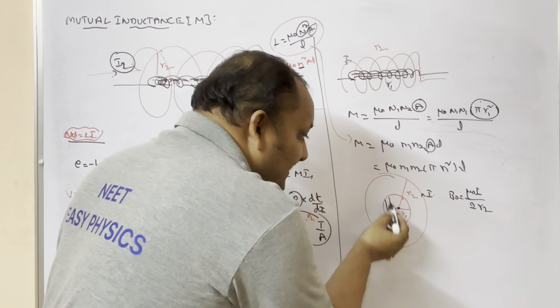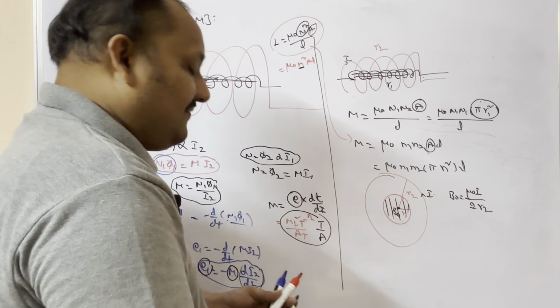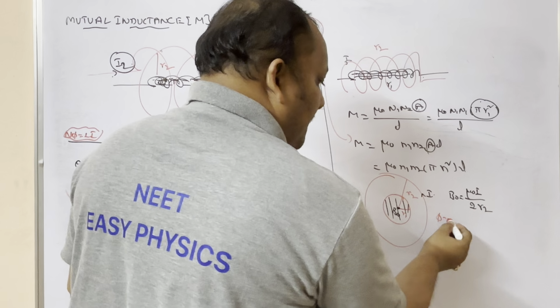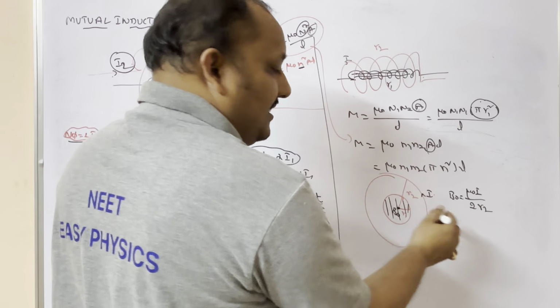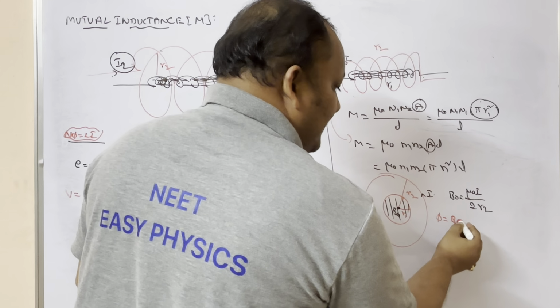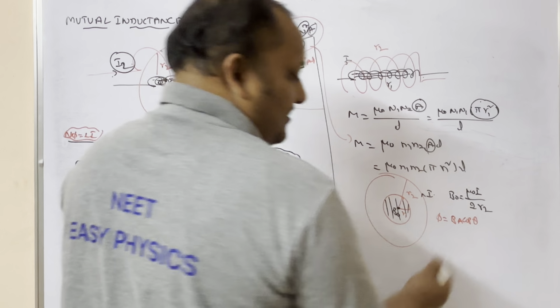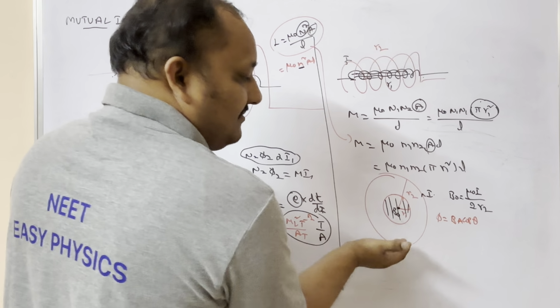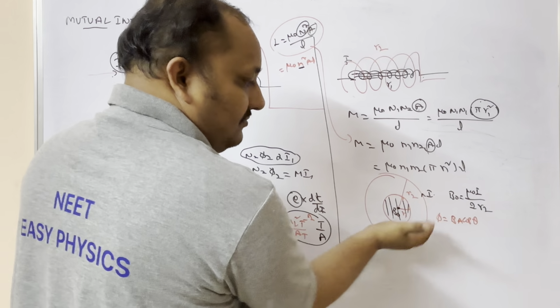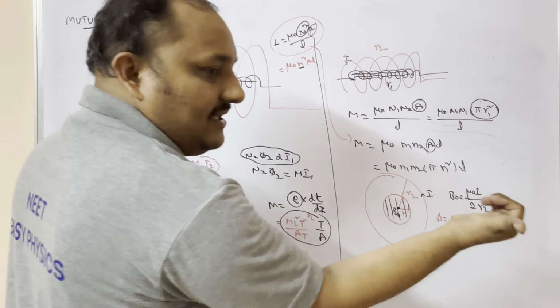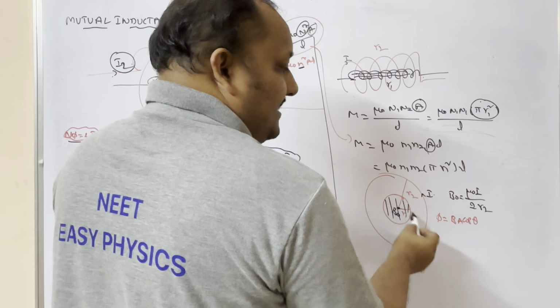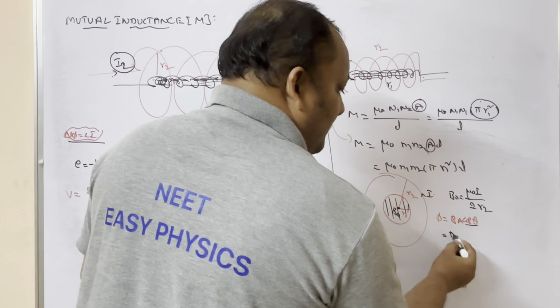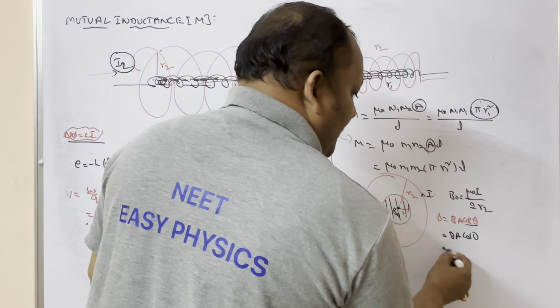Now, flux is changing within this area. Therefore, phi is equal to, only one term we will be having. Phi is equal to BA cos theta. So, magnetic field is outside, because current is passing like this means thumb is representing outside. So, this area is also outside. Therefore, BA cos 0. Now, what is B?